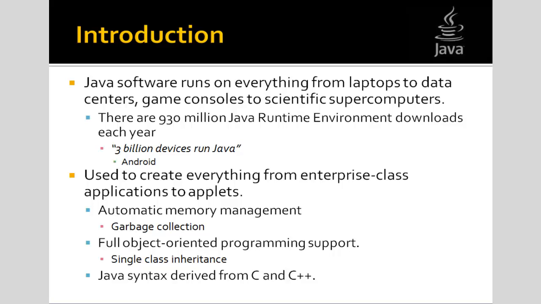And the huge community of C and C++ developers, as well as novice developers, can easily learn Java and become productive developers of Java applications in a very short amount of time.